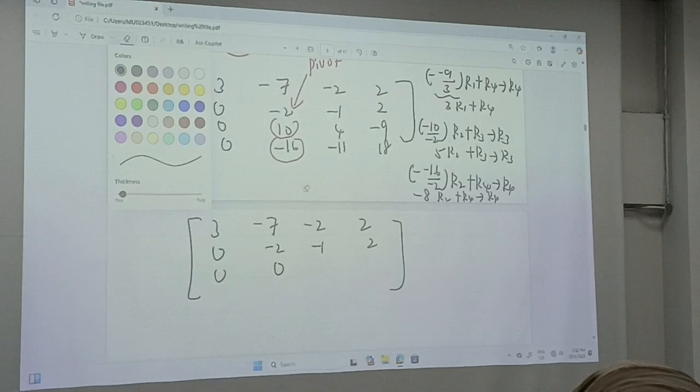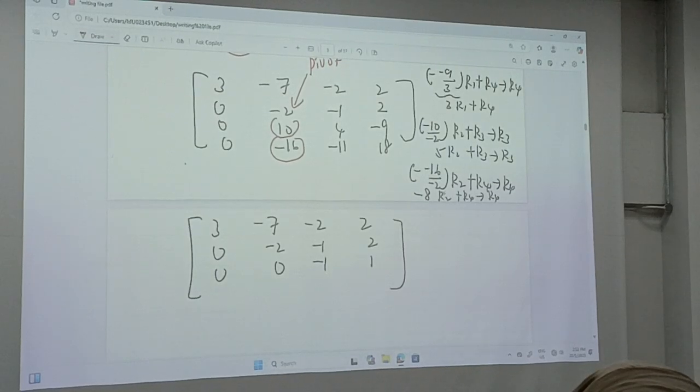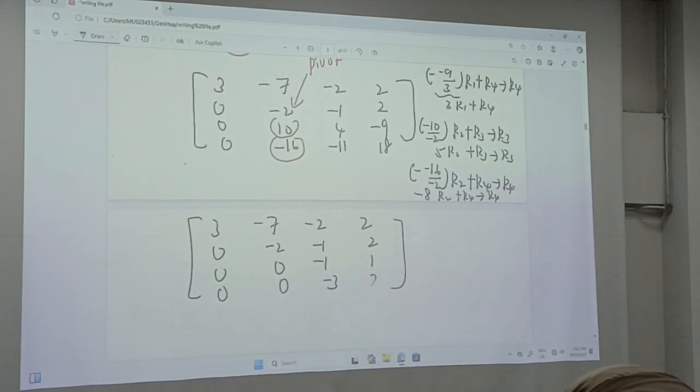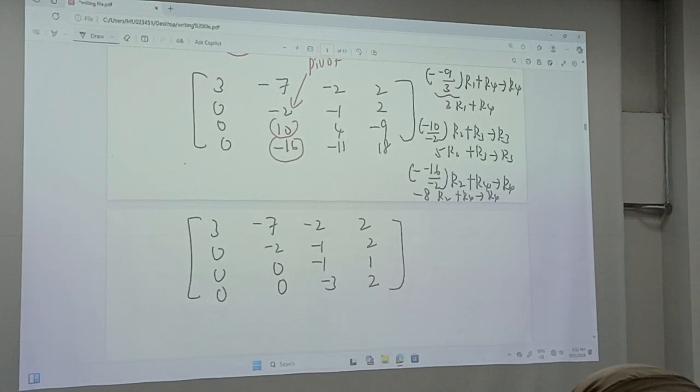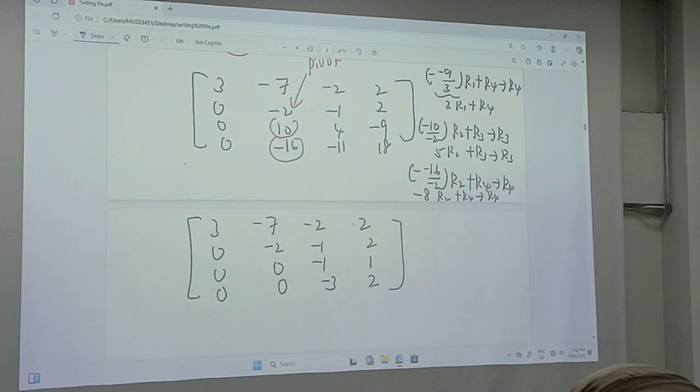So as a result, this will be negative 1. This will be 1. Negative 8. As a result, negative 16 will be 0. Negative 3. 8 times, that's 3.